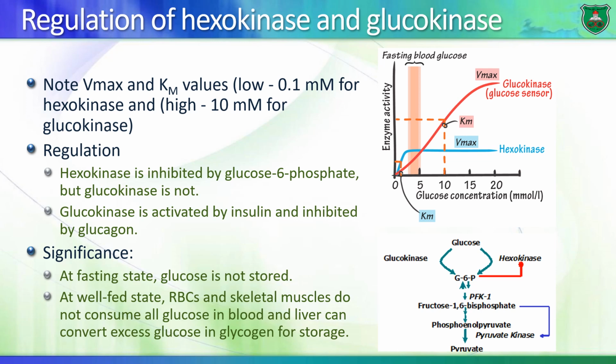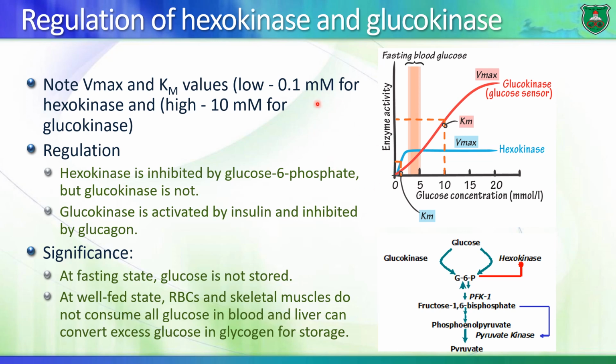And it just happens that the function of hexokinase and glucokinase serves the purpose. The Vmax and Km values of these two enzymes are different. If you look at this plot right here, notice that the Km of hexokinase towards glucose is very low, meaning that its affinity is really high.